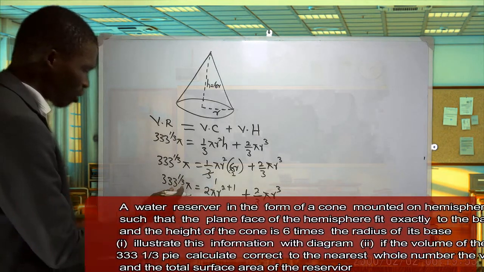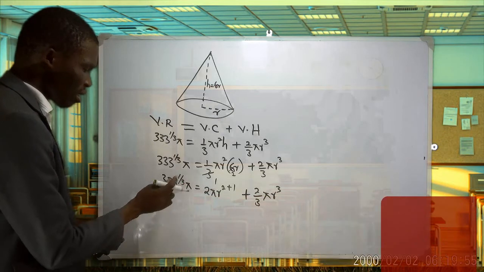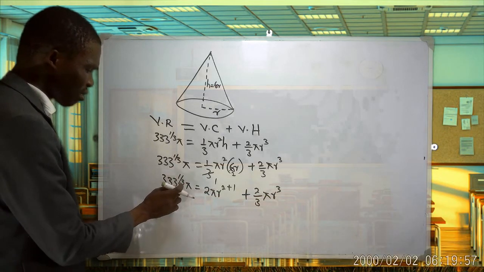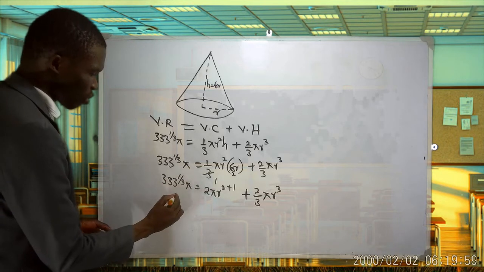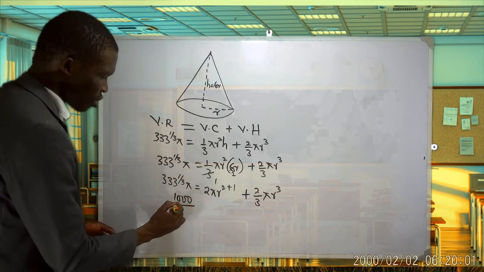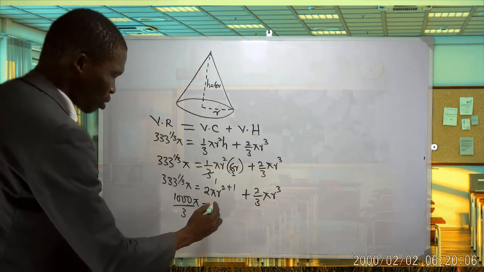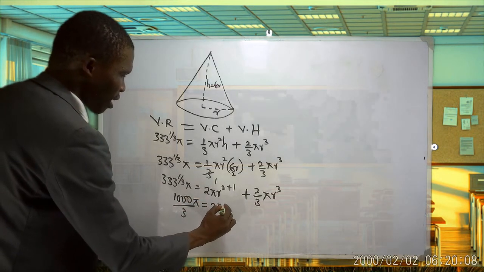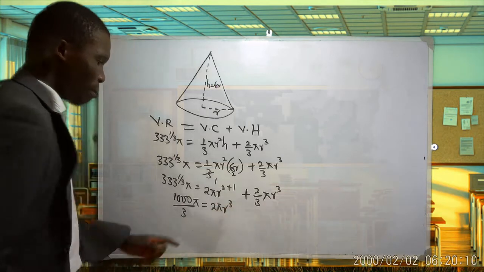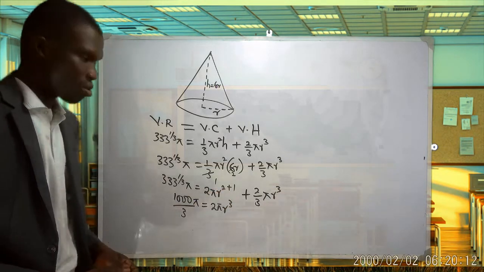Doing that, we have 3 times 333 plus 1, which gives us 1000 over 3 pi equals 2 pi r to the power 3, because 2 plus 1 will give us 3, right?